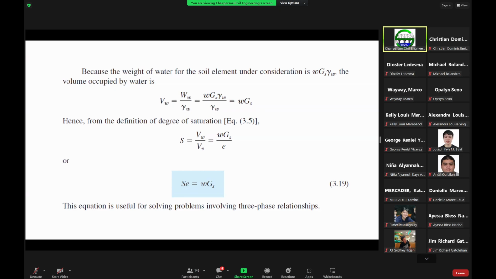So when you have the water content, then you know the specific gravity of the soil material. Depending on the soil material, normally it's around 2.65 to 2.7, depending on the type of soil. Then multiply that by the water content, then that gives you an idea of the volume occupied by the water.